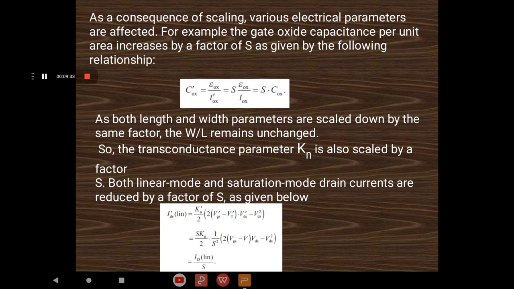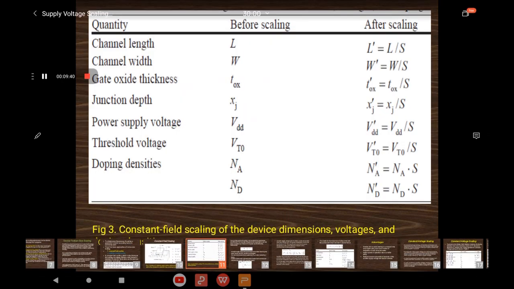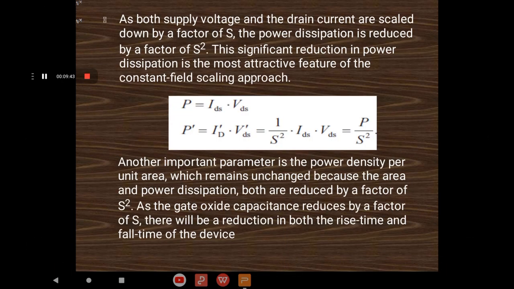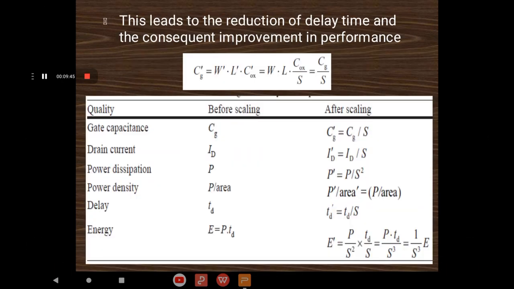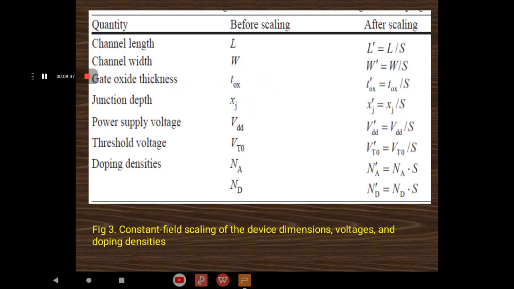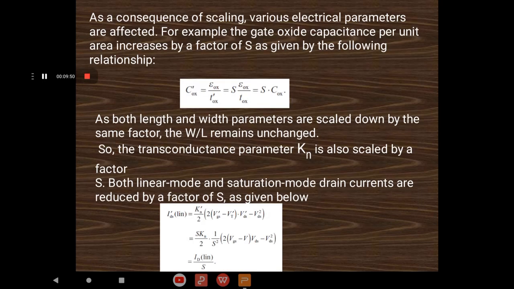For example, the gate oxide capacitance per unit area is increased by a factor of S, and it is given by Cox dash equal to epsilon ox divided by t dash ox, where t ox is the thickness of the oxide layer, which is also decreased by a factor S, right?